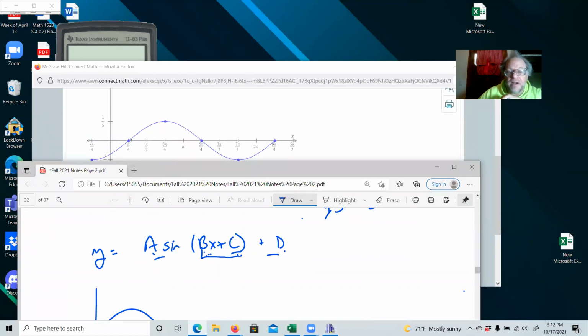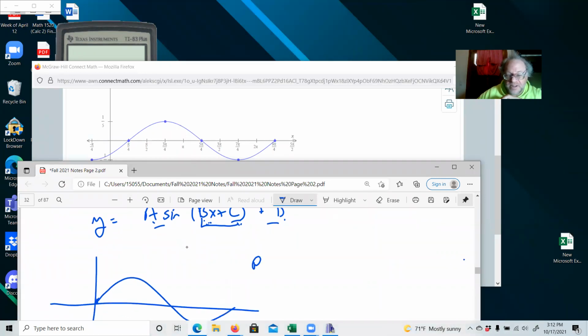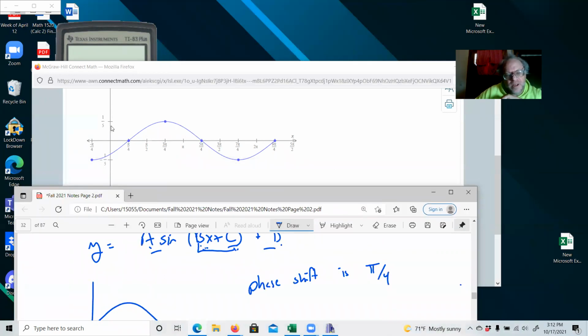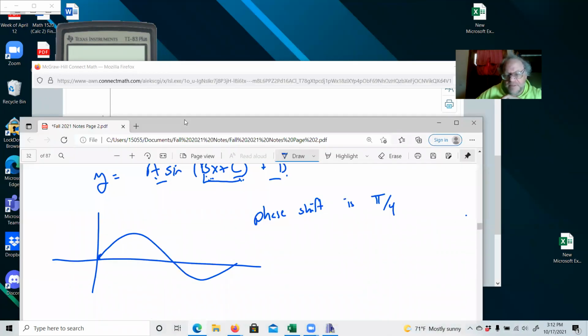So right here, that's pi over 4. I'm thinking my phase shift here is pi over 4. Okay, it looks like my amplitude goes up and down by 1/5. So my amplitude is equal to 1/5.